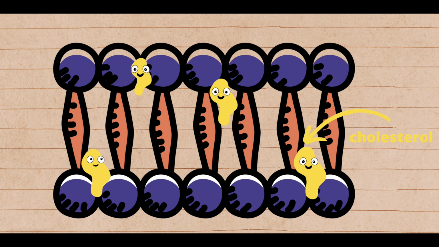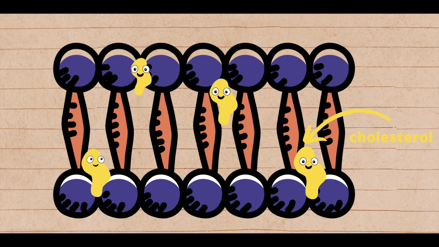Temperature has a lot to do with this. The lower the temperature is, the more compact and rigid these phospholipid molecules are going to be. How this works is the cholesterol is going to come in and act as spacers and space out these phospholipids so that it is easier for molecules to come in and out. Now, the opposite happens when the temperature is too high.